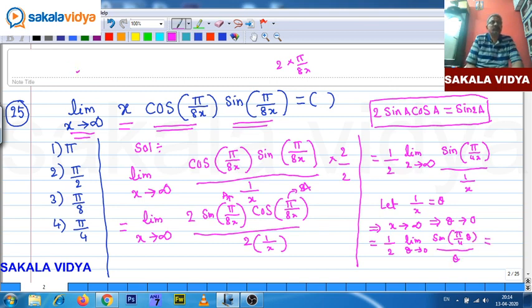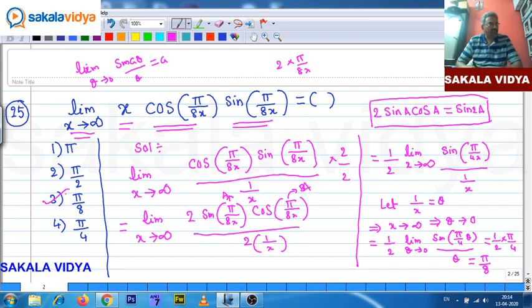See what the shortcut is: limit theta tends to 0, sine A theta by theta is A. So that is why we will be getting pi by 4, that means half is already there, into pi by 4, whose value is equal to pi by 8. So third option is the right option. Yes, 1 by x is equal to 0 only we have used here, right.